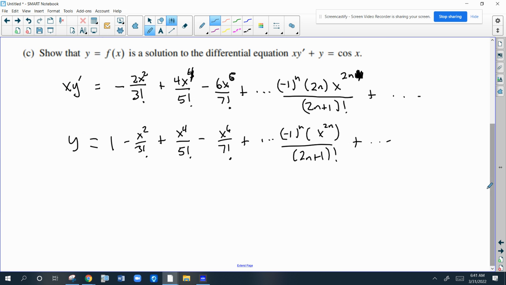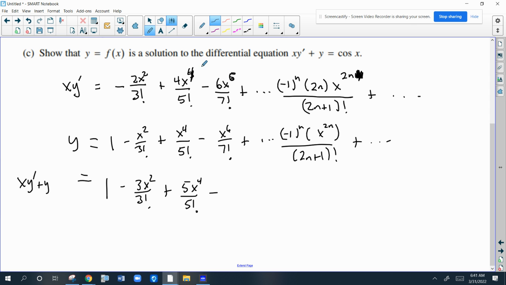And now I'm going to add. So x y prime plus y equals, add up and down. These are like terms. So I have negative 2 and a negative 1 is negative 3. 4 plus 1 is 5. This is looking nice.